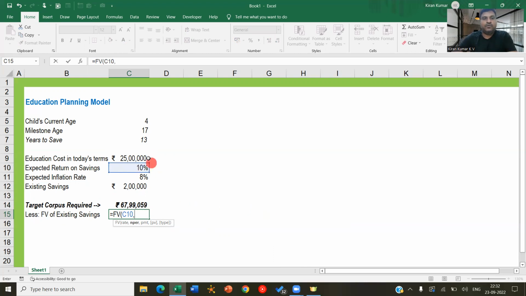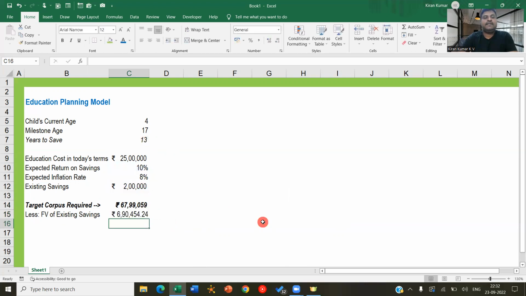Number of periods would be 13 years. Payment will be 0 or null, just leave it. Present value will be minus 2 lakh. I'm putting a minus symbol and clicking 2 lakh rupees and press enter. That means the 2 lakh rupees that I currently have on my hand will be giving me around 6,90,454 after 13 years.